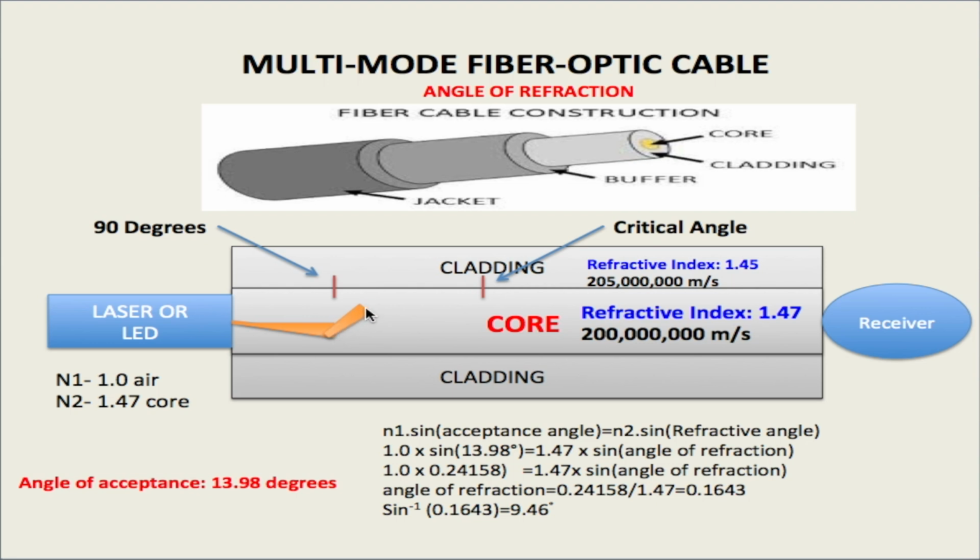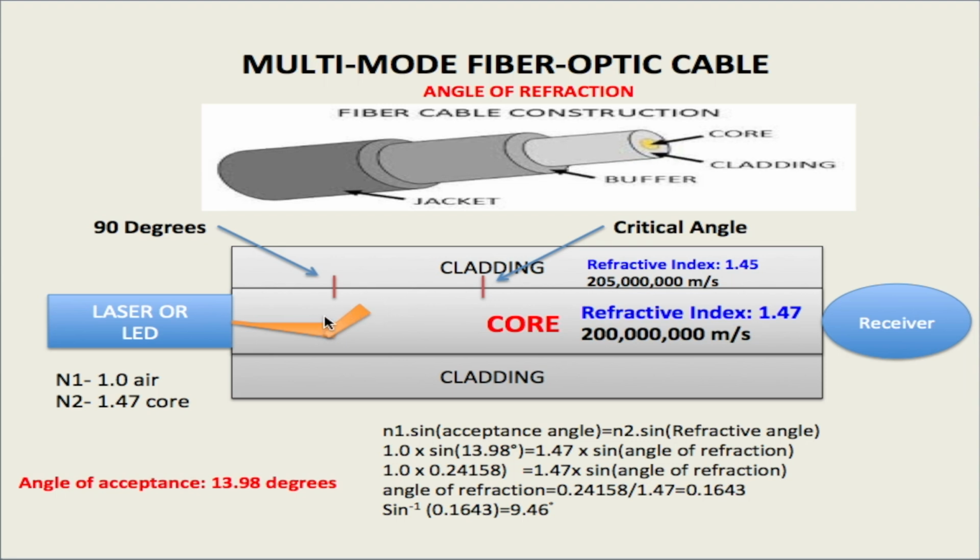This is all important in trying to figure out what angle this light is going to be hitting the cladding, because it is important for this light to hit the cladding between the critical angle and 90 degrees. Okay, the critical angle we haven't worked out yet, but we're going to be working that out. If it doesn't come into contact with the cladding between these two angles, the light would be lost.